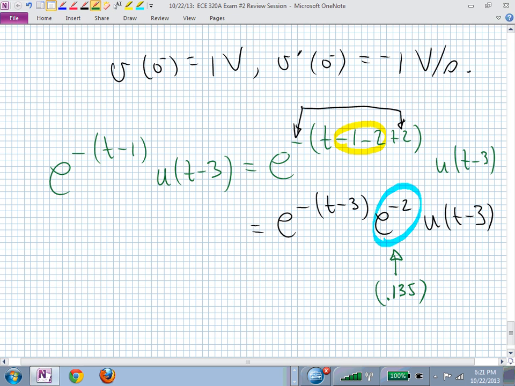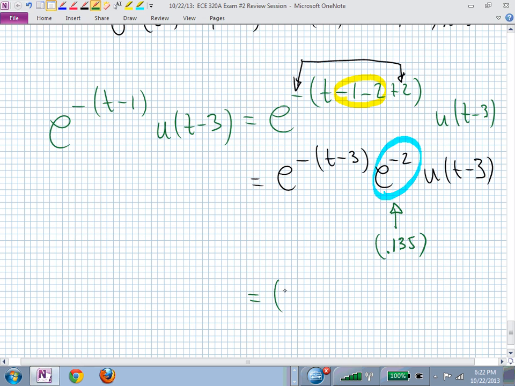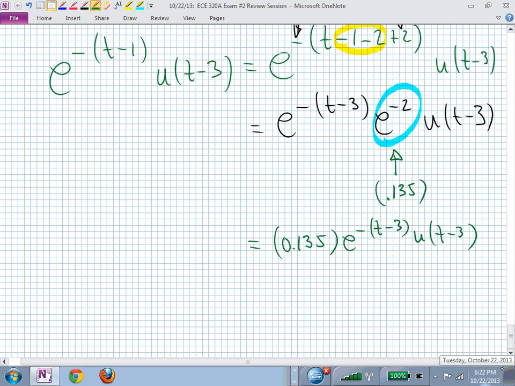0.135. So that just moves around, and you can scale whatever you need by that, so that now we have, this is now 0.135 e to the minus (t minus 3) u of (t minus 3). And maybe you're not comfortable with that, but can you Laplace transform this?